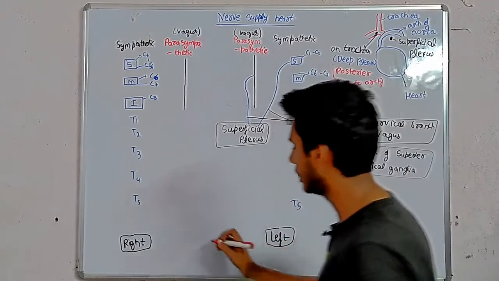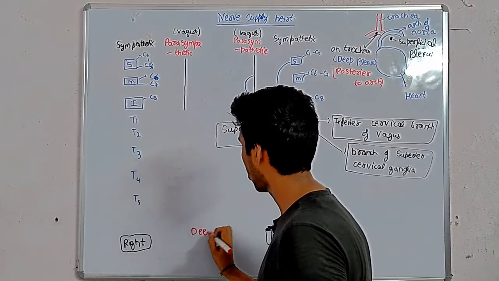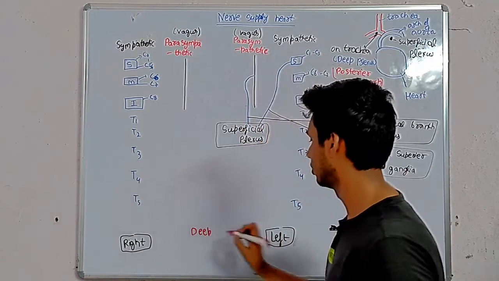Then the next is the deep plexus. The deep plexus contains all nerves except the nerves of the superficial plexus.